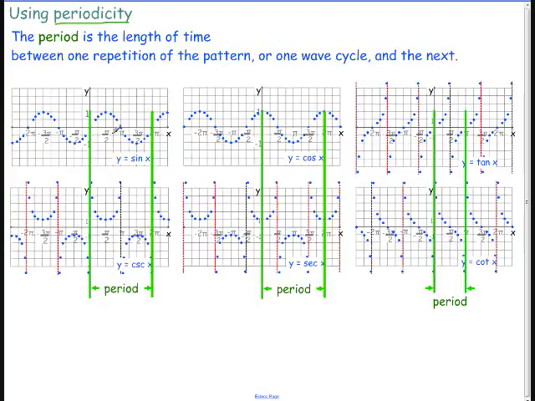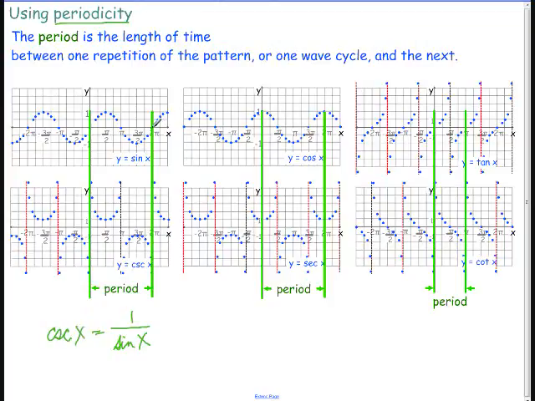Notice that every place that sine is 0, it has an asymptote, as you would know, because where sine is 0, 1 over that function, it's going to be cosecant.